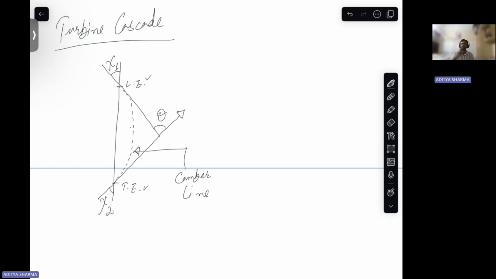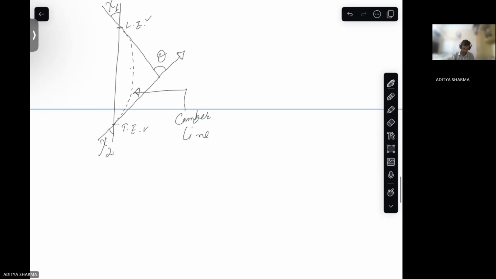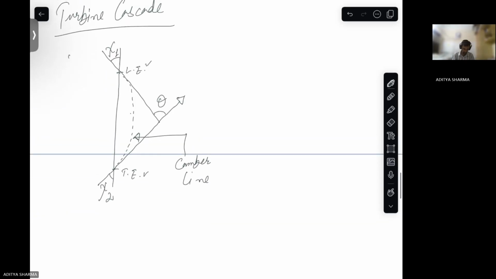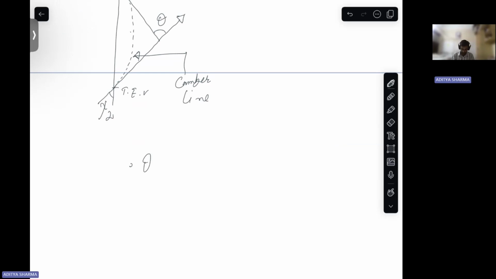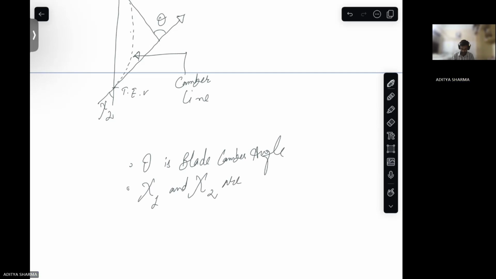So when we draw tangents at the leading edge and at the trailing edge, these two tangents meet at one point and the angle they make with each other is this theta, which is called blade camber angle. And theta is blade camber angle.